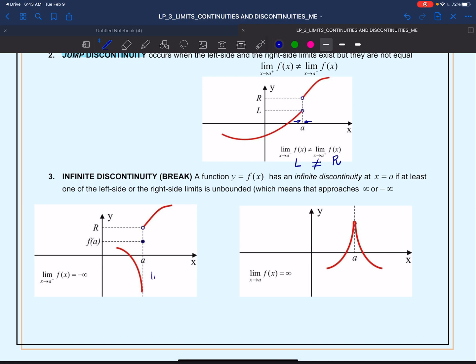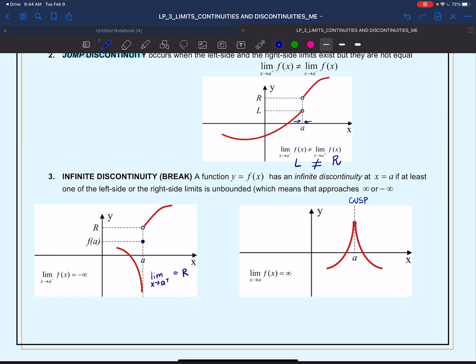So the limit as x approaches a from the right is equal to r, right? The function may or may not be defined at the point. We still call this an infinite discontinuity. Now, another type of infinite discontinuity is when the graph experiences something like this. This is what we call a cusp, actually.